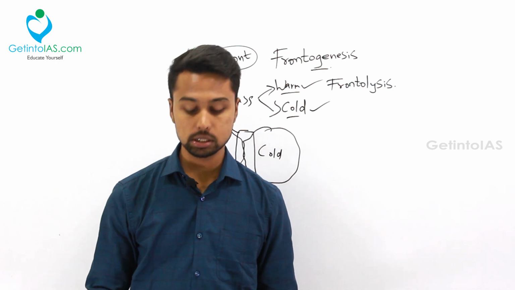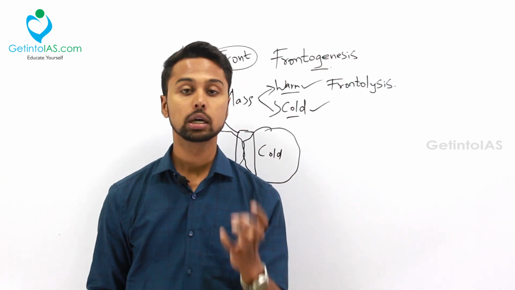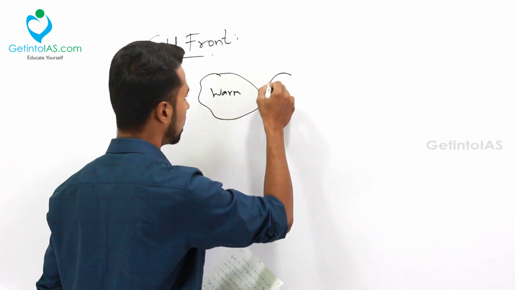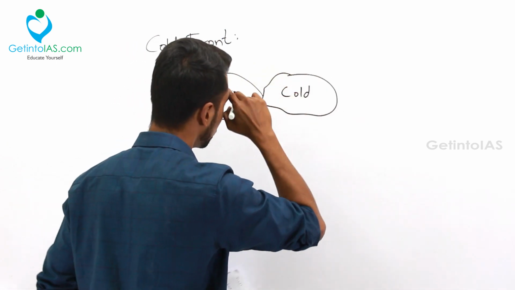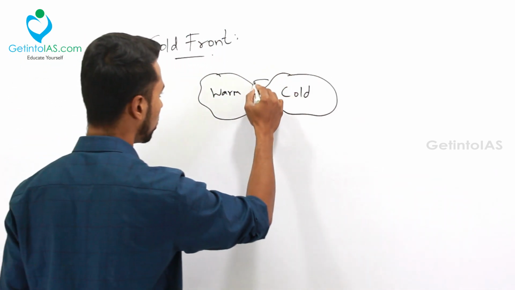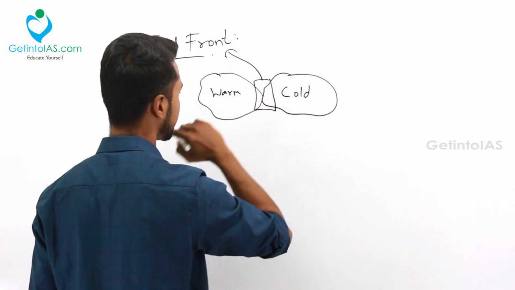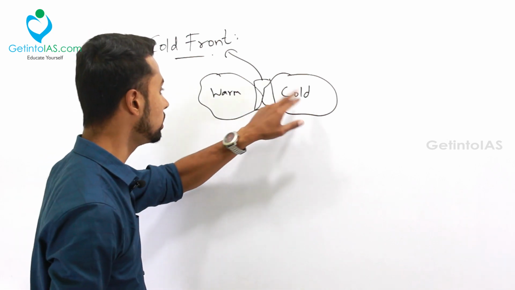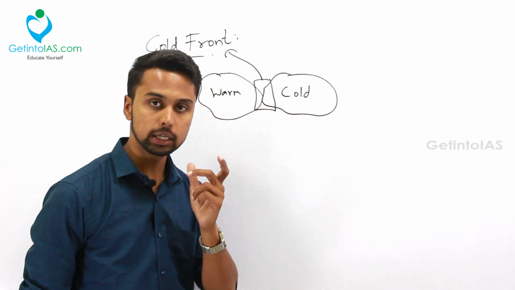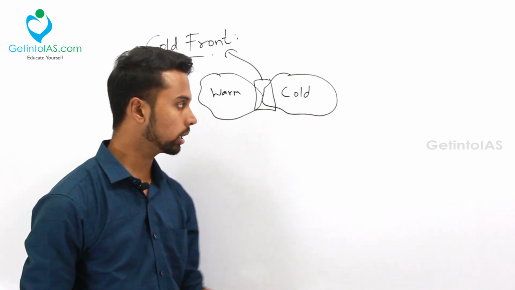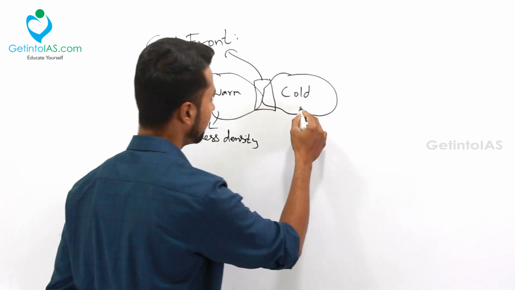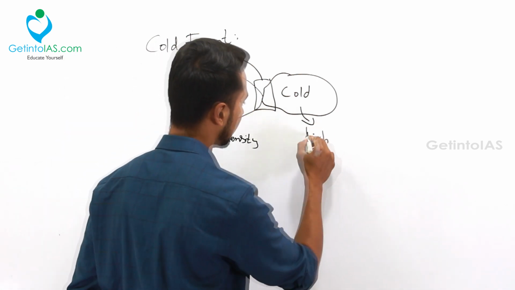Now we will study what is a cold front and what is a warm front. First we will study the cold front. Assume that this is warm and this is cold. When these two air masses are colliding, that boundary is known as the front. Here the temperature of the warm air mass and the cold air mass plays a significant role, because temperature has a relation with density. When an air mass is warm, it has less density, and when a cold air mass is there, it has high density.